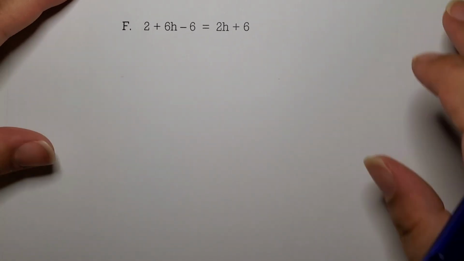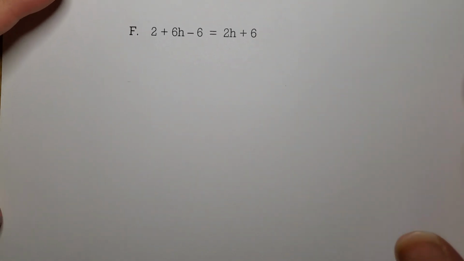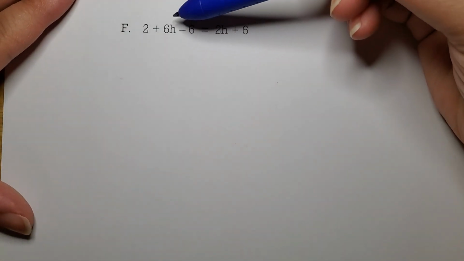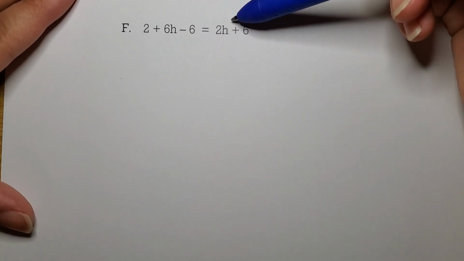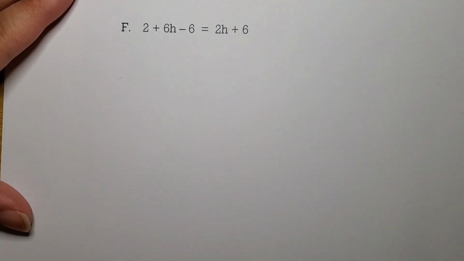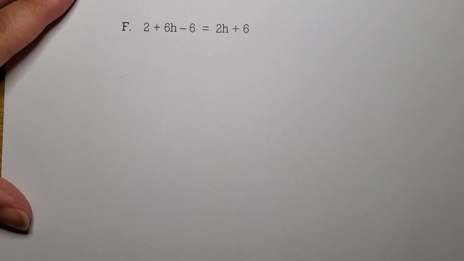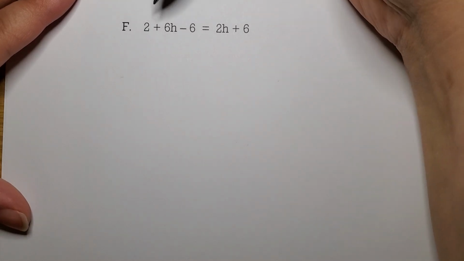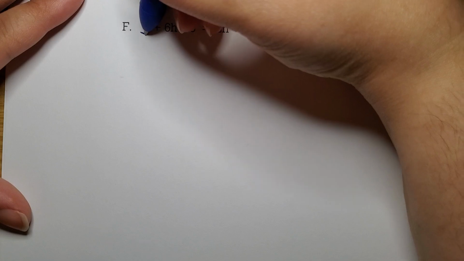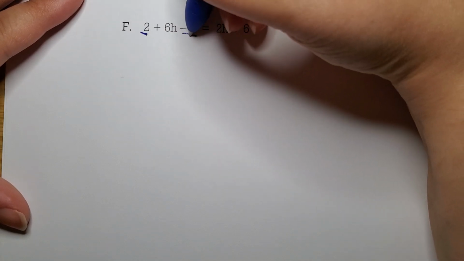So for this equation, we have 2 plus 6h minus 6 is 2h plus 6. Oh gosh. Now for this one, this is another one where step 1 is going to apply. And I know that because when I look at the left-hand side of the equation, I've got a number and a number.